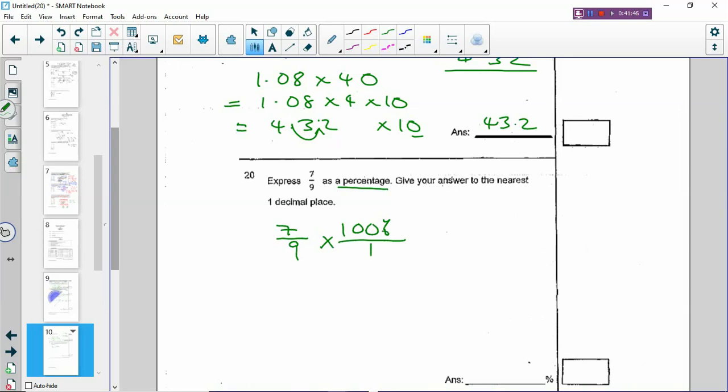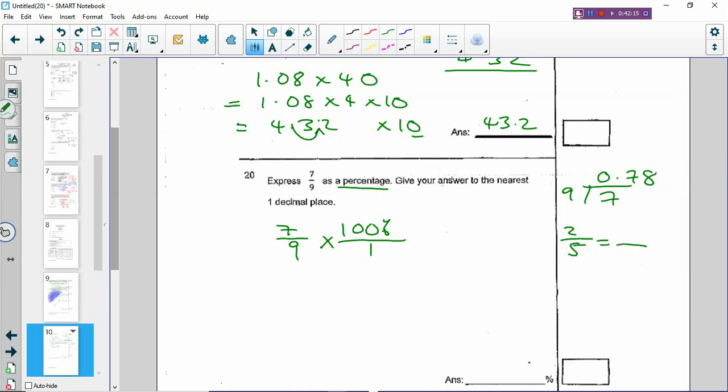So that is how you convert to percentage. You cannot just take 7 divided by 9 and then you get your answer 0.78 after rounding off. That is your decimal answer, but it is not percentage yet. To change to percentage, you have to times 100% first. You do times 100%, or you make the denominator into 100. For example, how do I change 2/5 into a percentage?